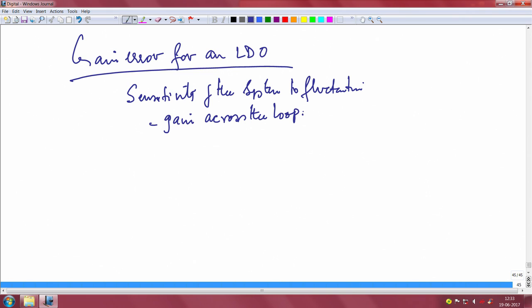Very, very important. An infinite loop gain LDO does not exist. It does not exist at all. You can't be talking about that.